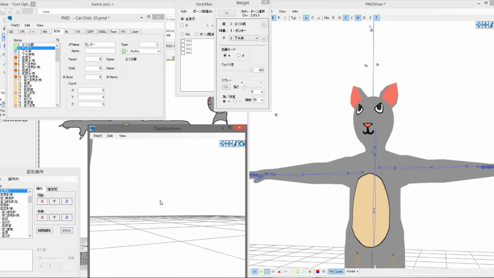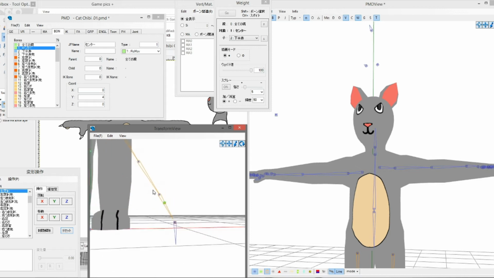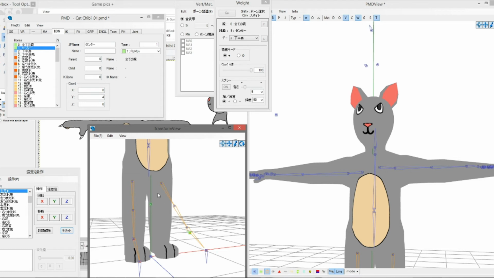This bone right here is the bone that moves the feet. So now you know. If I kept your attention this far in, you now know how to move the feet.